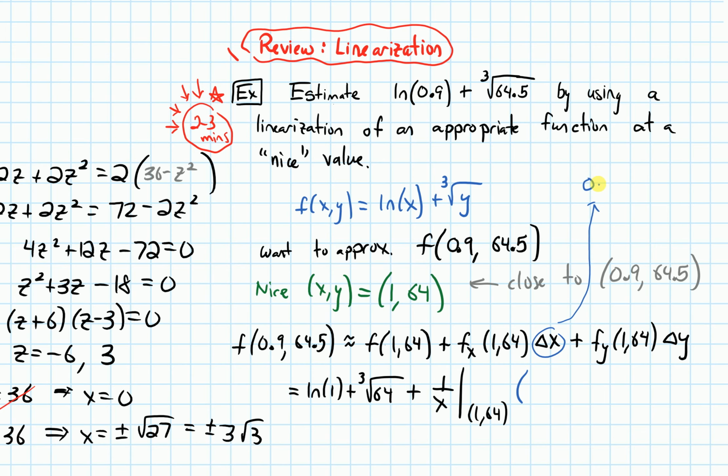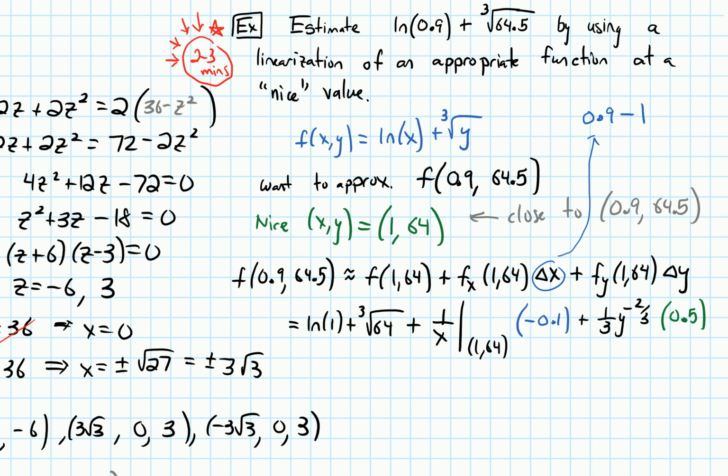That change is 0.9 minus 1, which is negative 0.1. That's my delta x. The partial with respect to y is 1/3 y to the negative 2/3, evaluated at (1, 64), and delta y is 0.5, since y changes from 64 to 64.5.